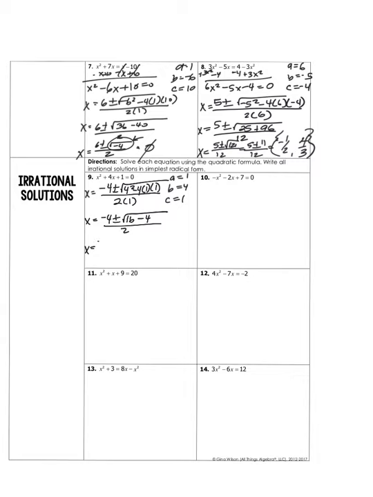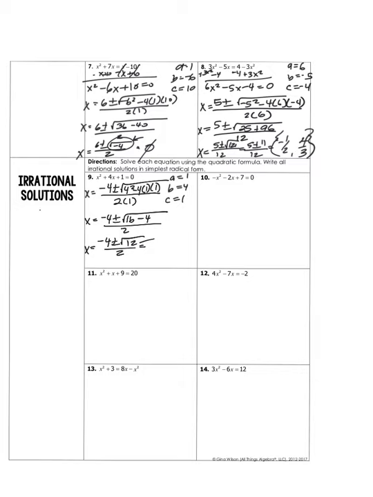X equals -4. Continue to simplify the radical. This is going to be the square root of 12 over 2. And really quick, I'm going to break up the square root of 12 by simplifying the radical. We need a perfect square factor.